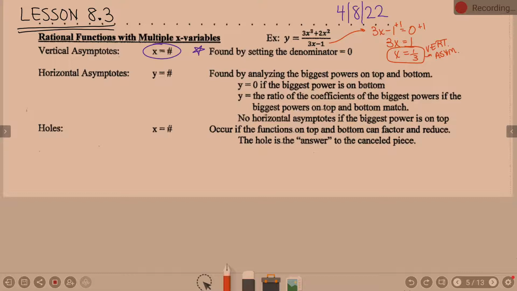So one of the things you're asked about in the homework is points of discontinuity. Anytime there is a vertical asymptote, that is considered a point of discontinuity.